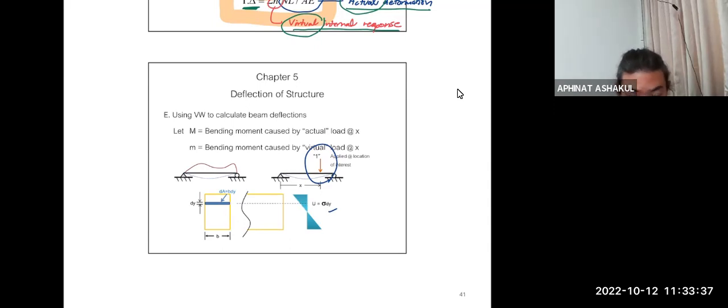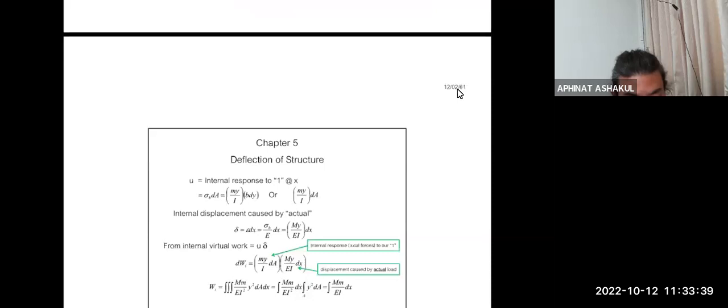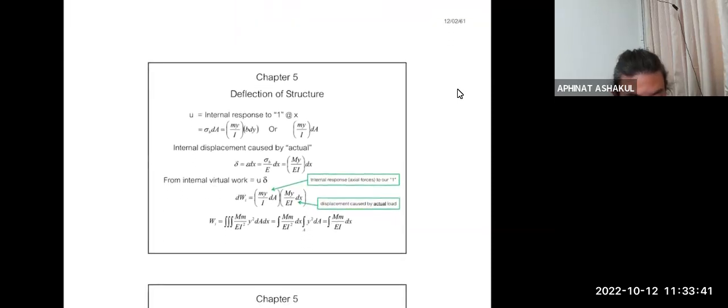And it involves a force which involves a stress which is not constant. So integration is required. I don't want to dig into this very deep, but you can see that the internal response is stress multiplied by the area, which is the force, right? Stress is My over I, if you can recall. Do you recall bending stress? It's My over I, right? Multiplied by the small area, which is B dy, the strip.